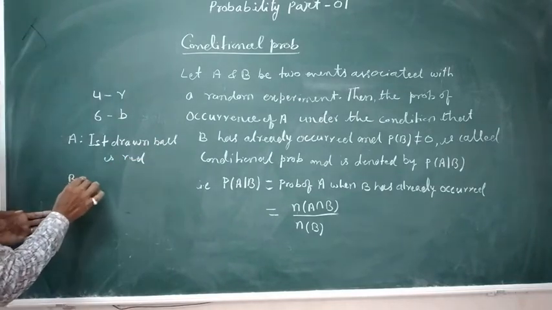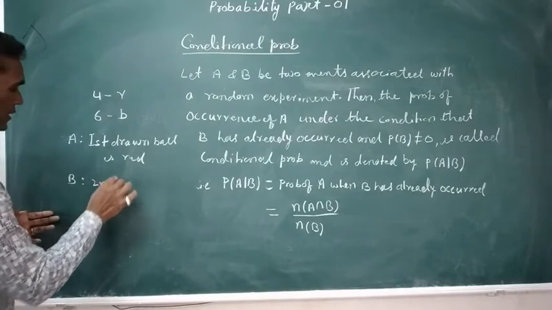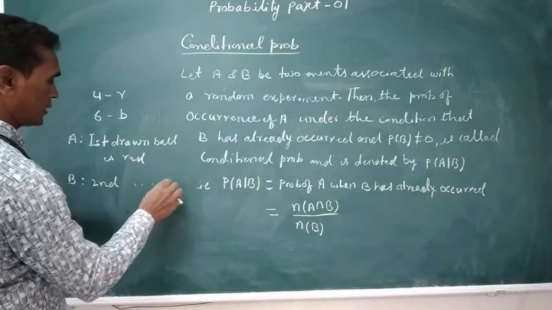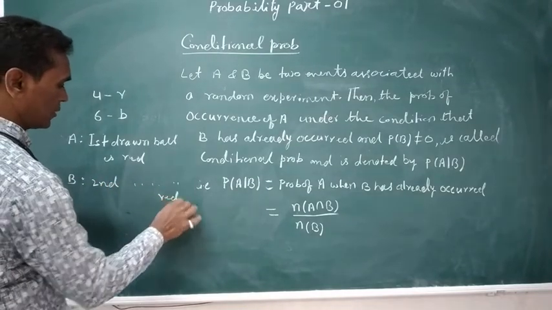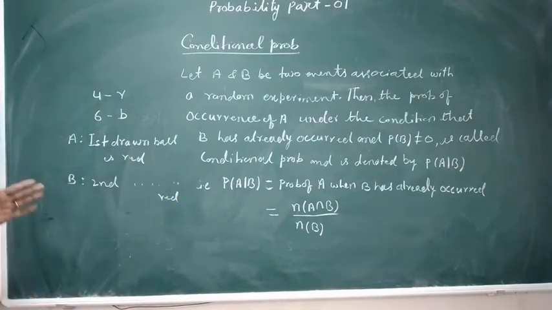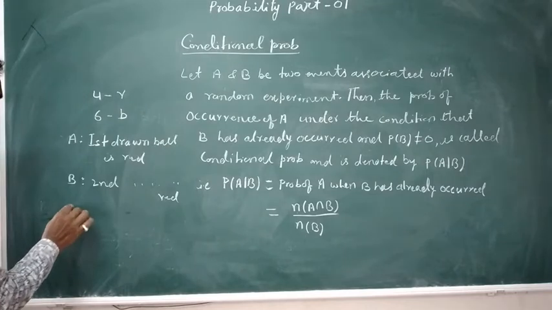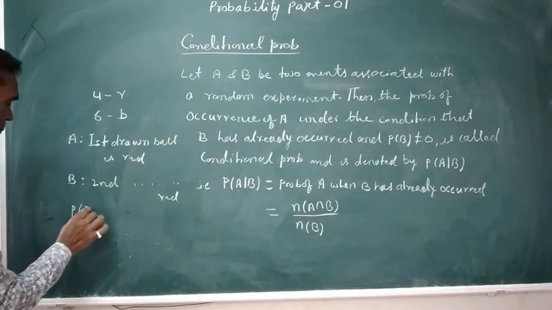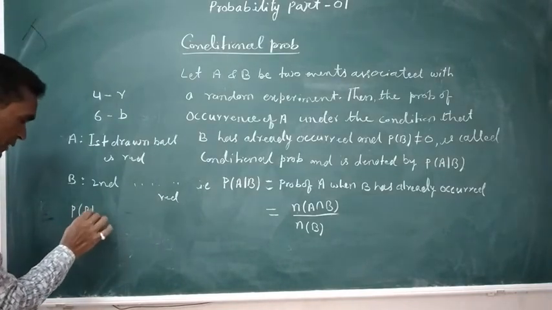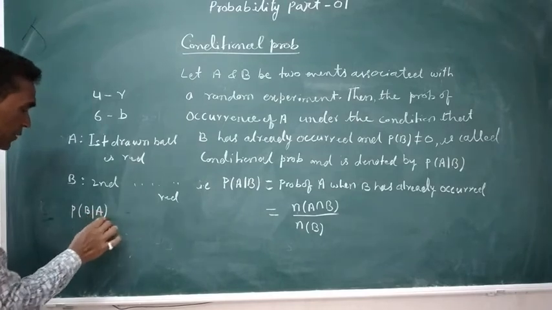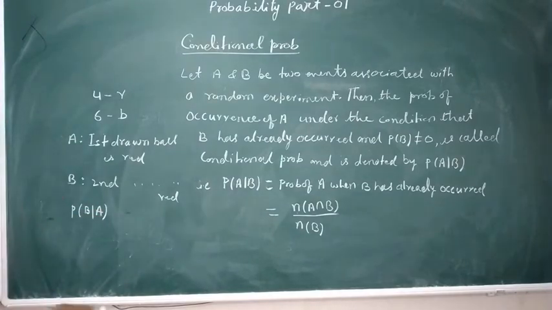Now event B: second drawn ball is red. We have to find the probability of B, given that A has already occurred.